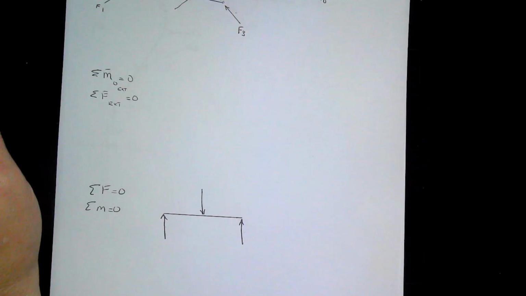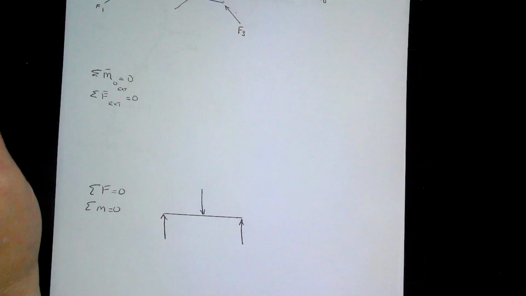Suppose you have a member in static equilibrium. What does that tell you about the forces? The sum of all the forces in every direction are 0, and the sum of the moments at any point you choose must be 0.